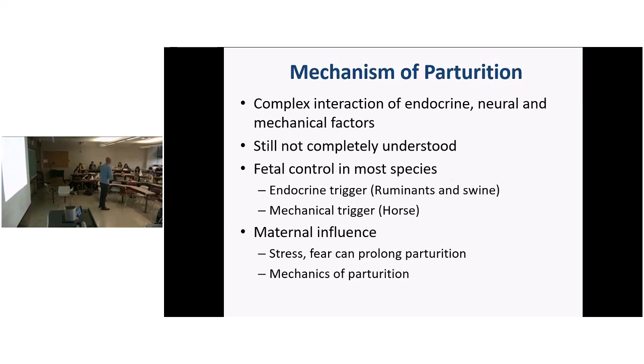This prostaglandin also has a very potent uterine contractor effect, so it starts to stimulate the myometrium to start contraction. Everything that the progesterone was suppressing, now with the prostaglandin, goes the other way. So progesterone is gone, prostaglandin comes in, and then you start to have the myometrial contractions.